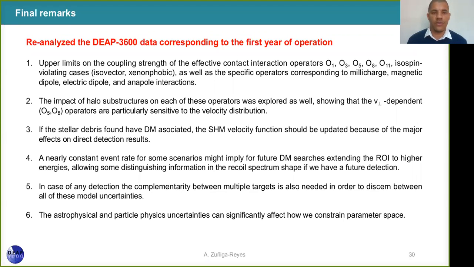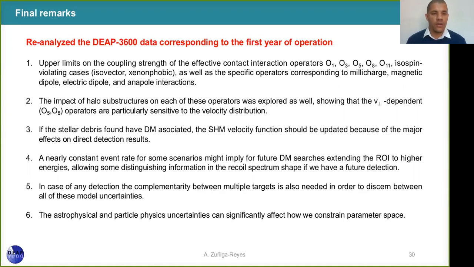The impact of the halo substructure on these operators was also studied. And the most important thing here is that we observe that v-dependent operators are particularly sensitive to the velocity distribution that we use.